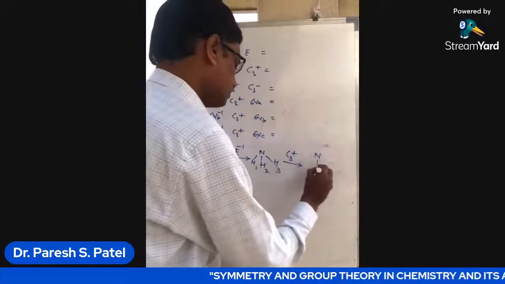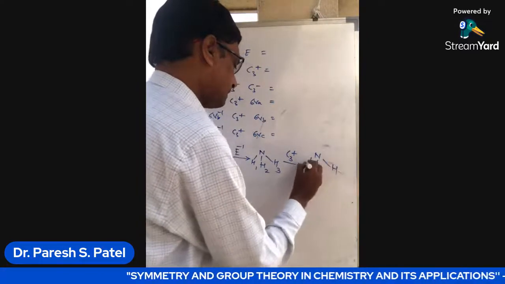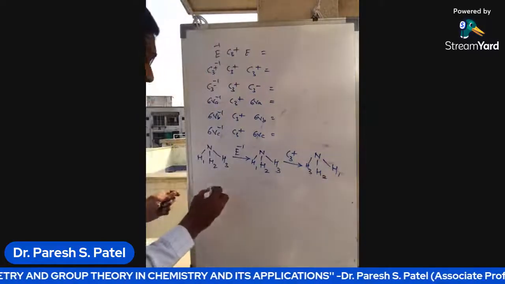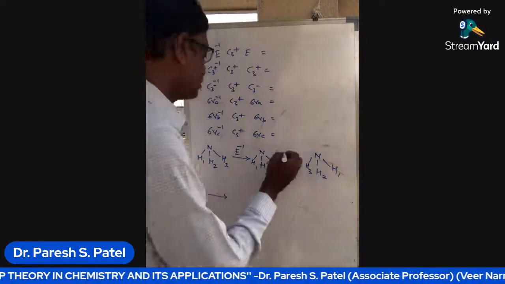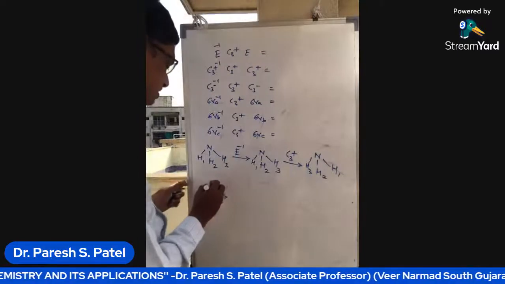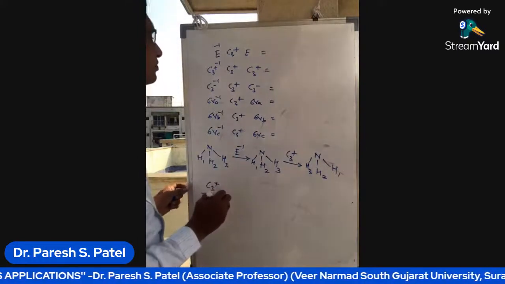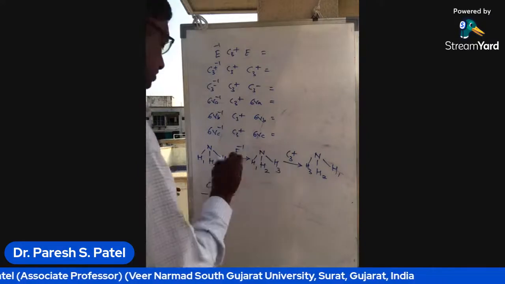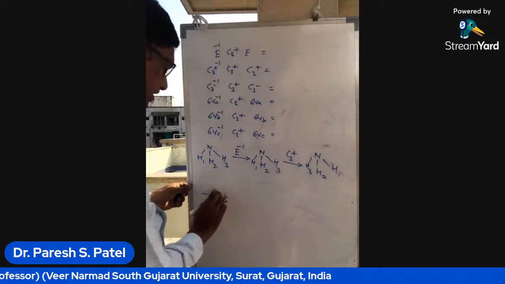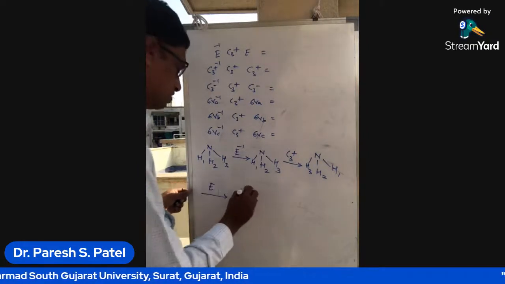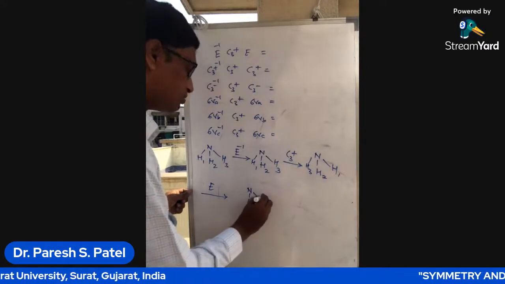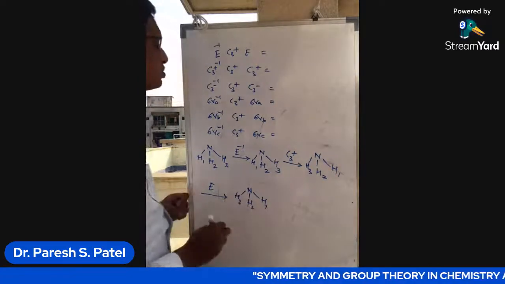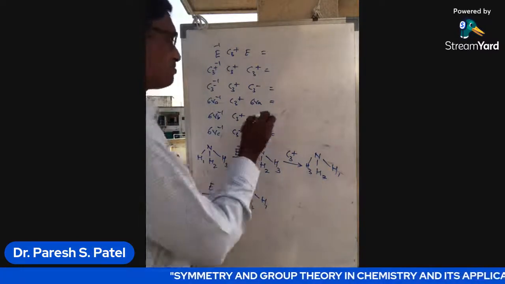So 1, 2 and 3. Again C3 plus, that means identity. So N, hydrogen 1, 2 and 3. So overall result is C3 plus.